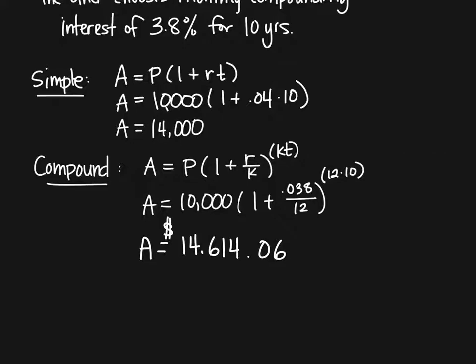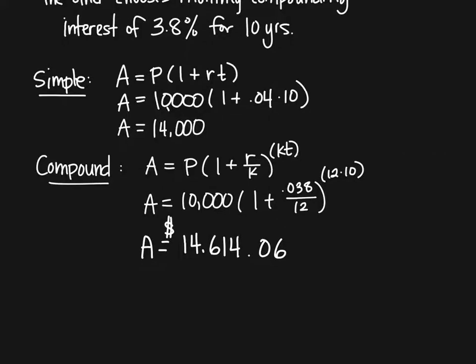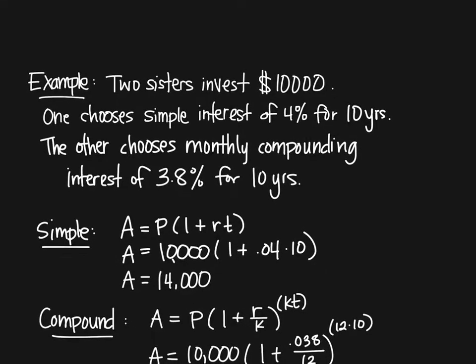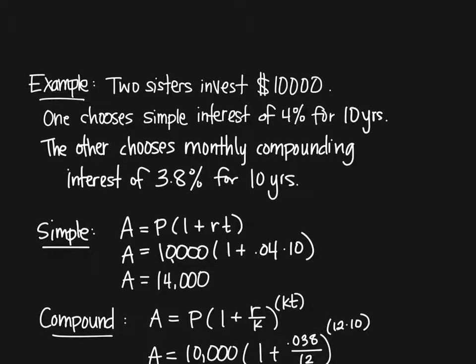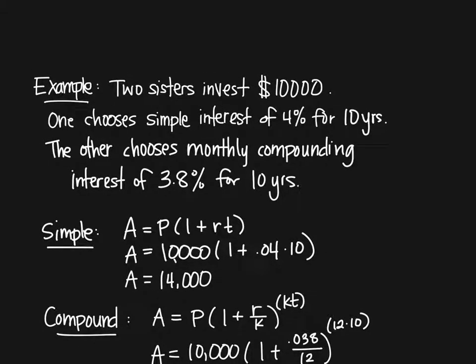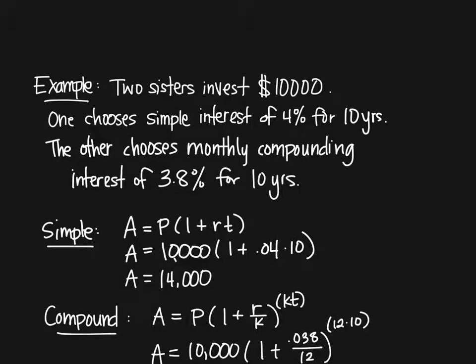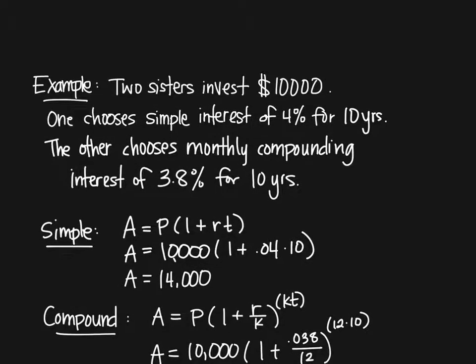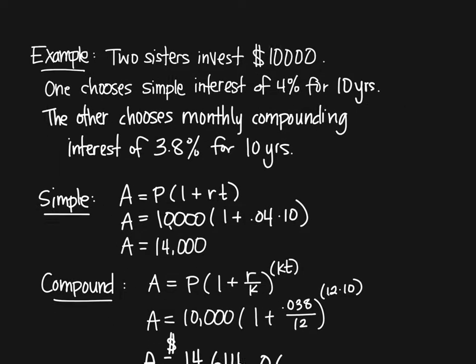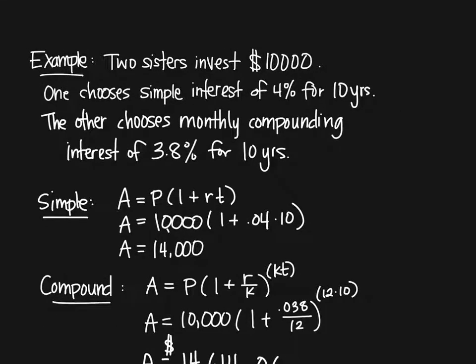This is an investment, right? This is not a borrowing. If it was borrowing $10,000, then sister number one would be better. But this is an investment. We want our money to be more. So it depends on if it's an investment or a borrow. Okay, that's a good point. All right, next example.